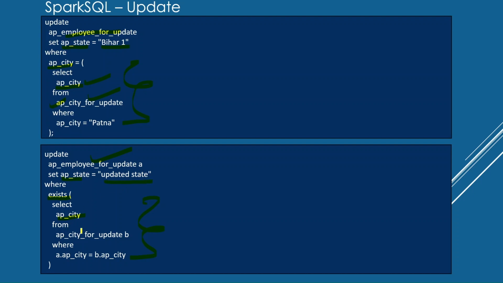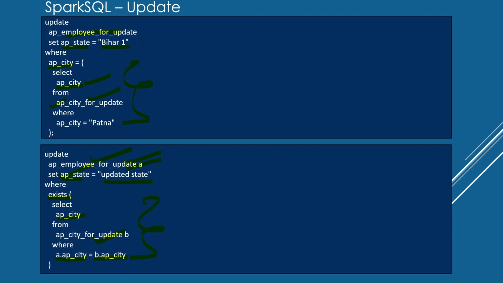The condition which I have put in this subquery is this table's APCT is equal to this table's APCT, meaning the record present in this table and the record present in this table, if the APCT is matching, then update all the records with the updated state value of AP state.